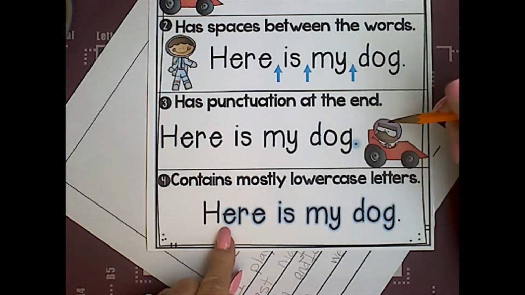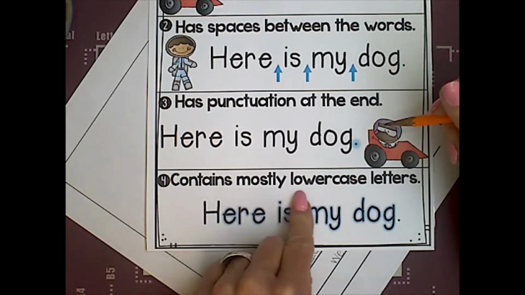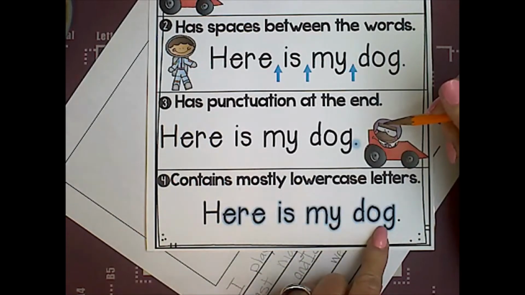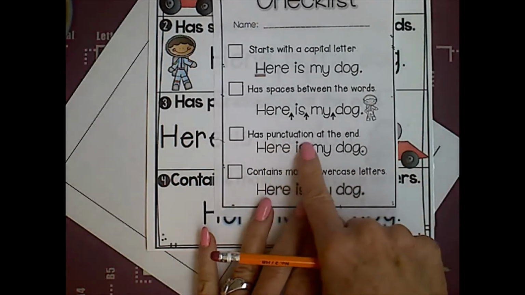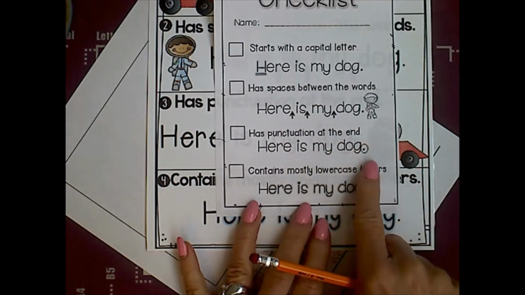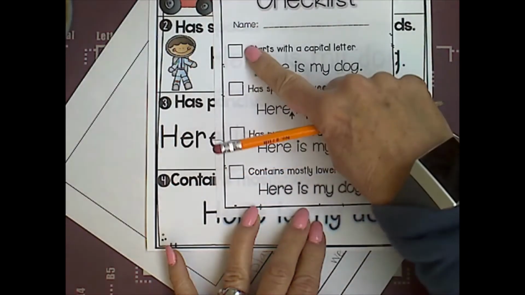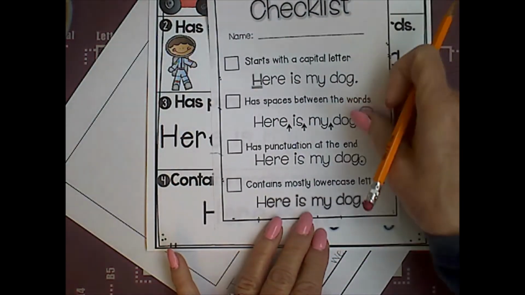Most will have a period. And the last one says contains mostly lowercase letters, and we talked about that yesterday. So there are 4 things that you are looking for in your writing.